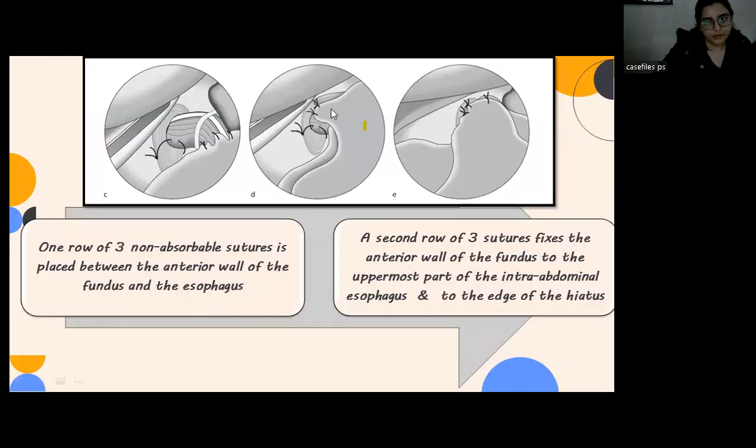As we can see, this is the anterior wall of the fundus, and this is the esophagus, and we place 3 sutures like that. Then a second row of 3 sutures is fixed to the anterior wall of the fundus, to the uppermost part of the intra-abdominal esophagus, and to the edge of the hiatus. That is, in the first step, we are bringing the wrap over the esophagus, and in the second step, we take sutures from this wrap to the hiatus.